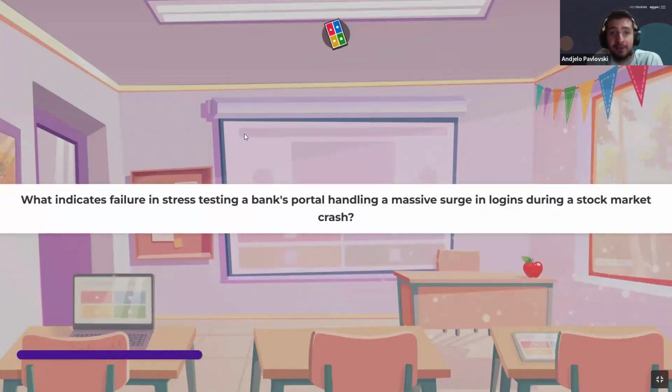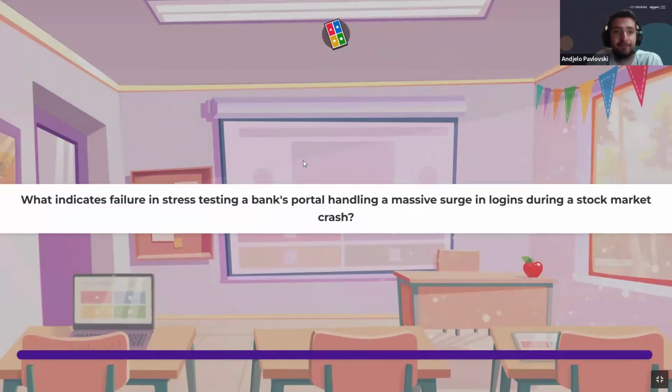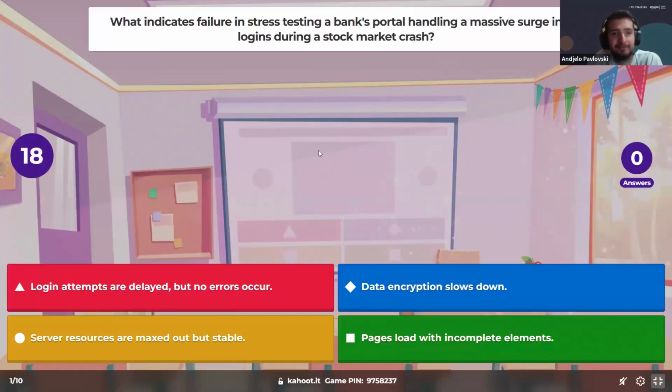What indicates failure in stress testing a bank's portal handling a massive surge in logins during a stock market crash? So what is the failure?